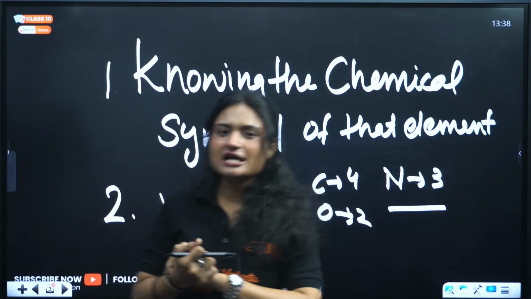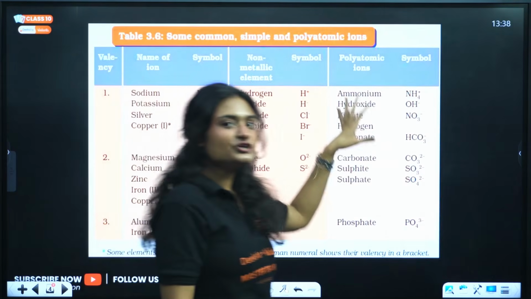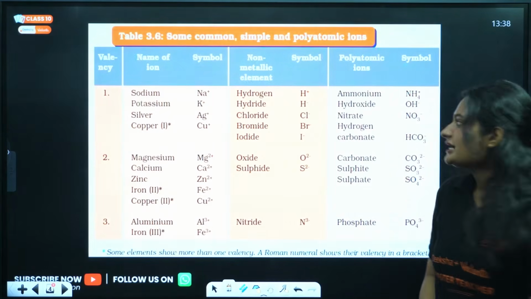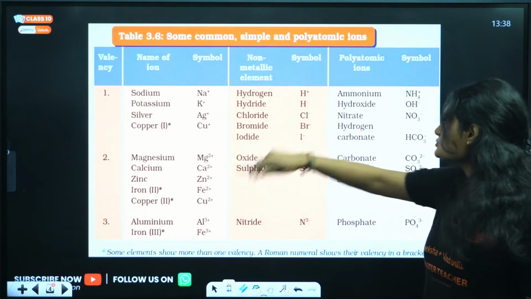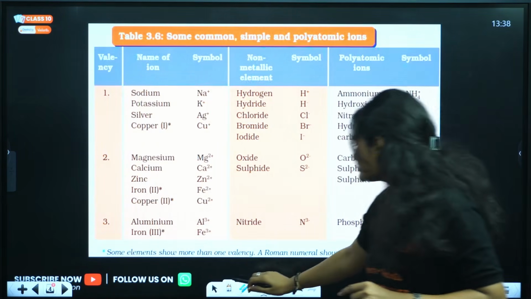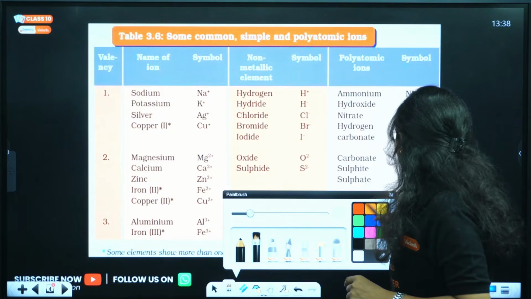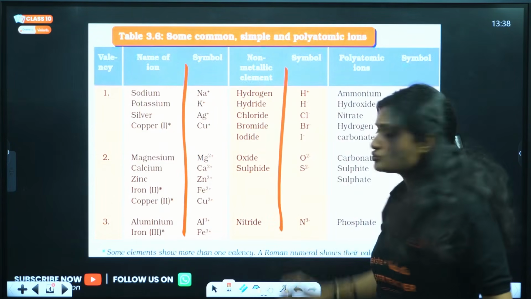Okay, now let's start. Before starting, this is a table, you have seen it in your 9th standard. It consists of commonly used ions. These are the cations, these are the anions, along with their valencies. What are cations?